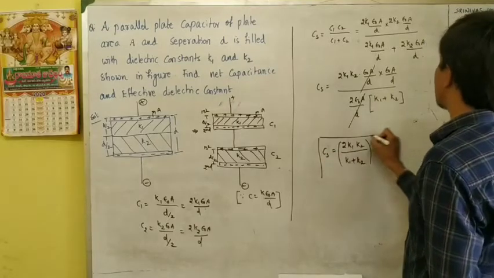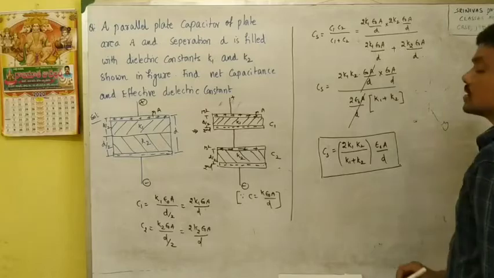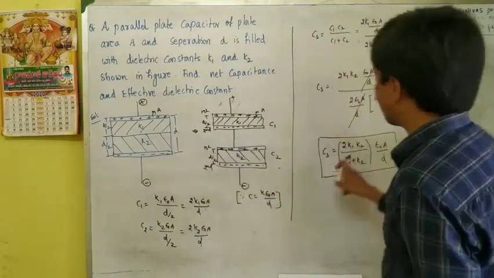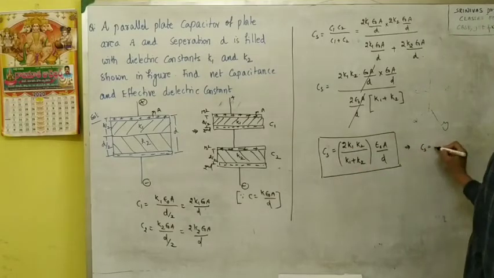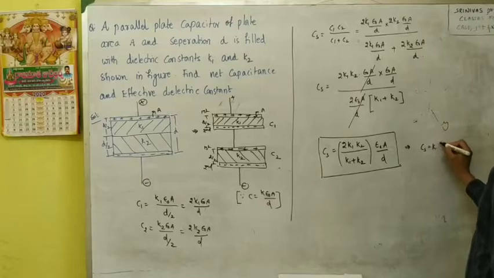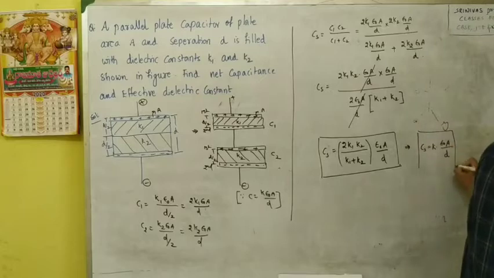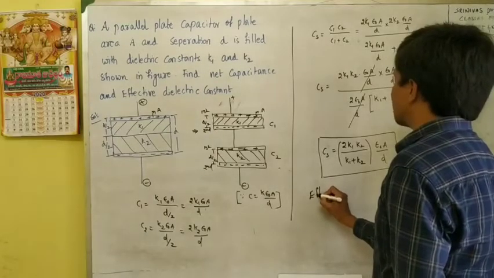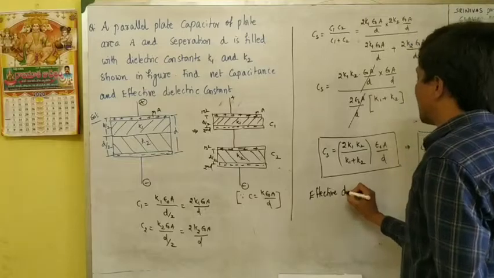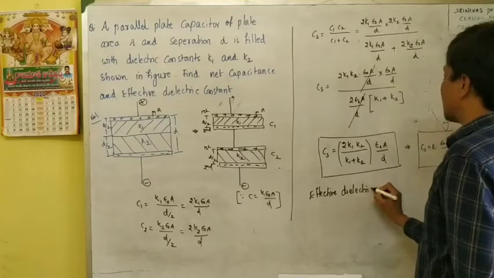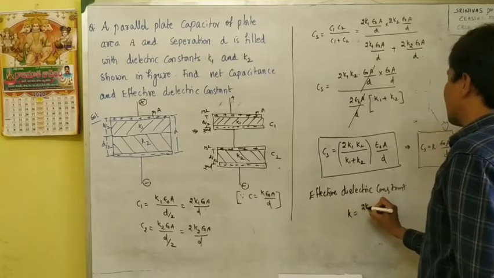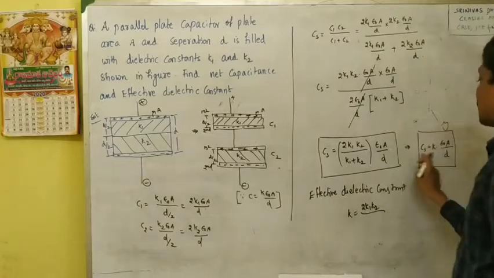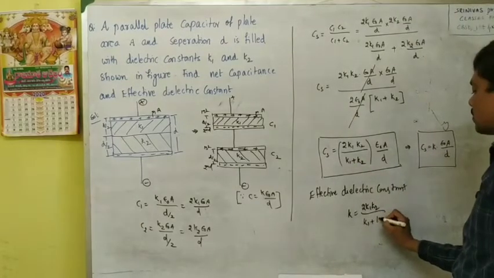This is the formula for the effective capacitance. In this case, if we consider the effective dielectric constant as K, we will write K epsilon naught A by D, and when you compare these two, we will get the effective dielectric constant K is equal to 2K1 K2 by K1 plus K2.